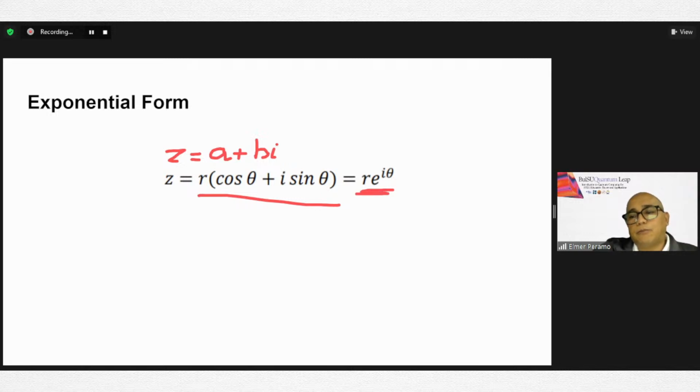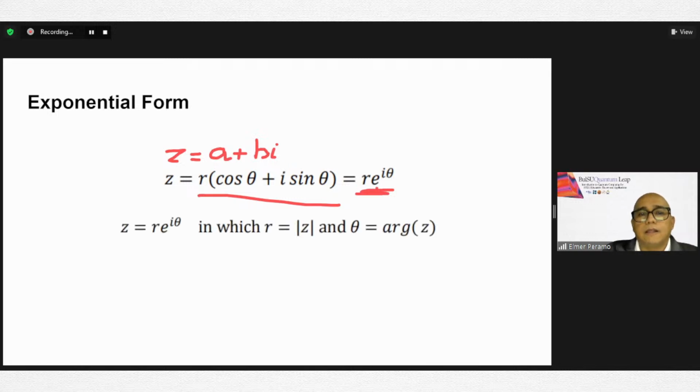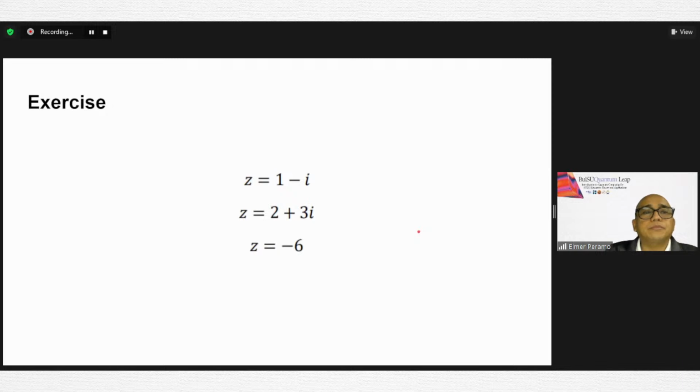We got the exponential form based on this formula. This is more succinct and concise, easier to write. z equals r e raised to i theta, in which r here is the absolute value of z, and theta is the argument of z, or the angle.